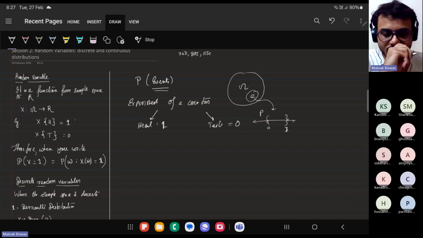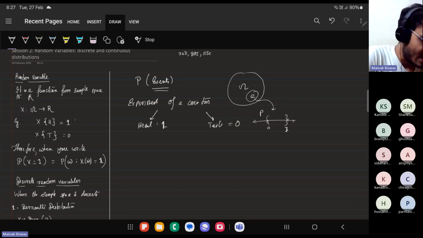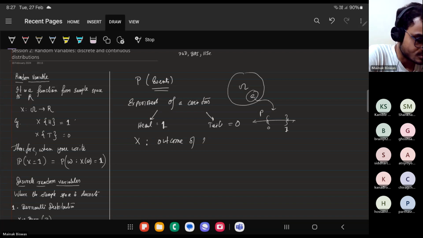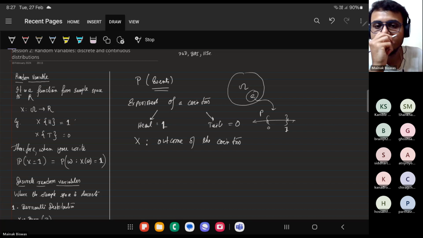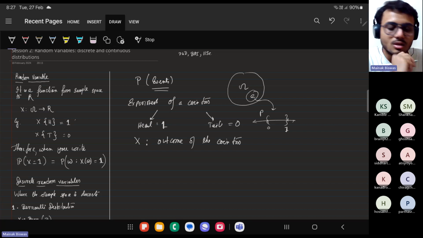You define head and tail as 1 and 0, and x is defined as a random variable as the outcome of the coin toss. Is this clear up to now?